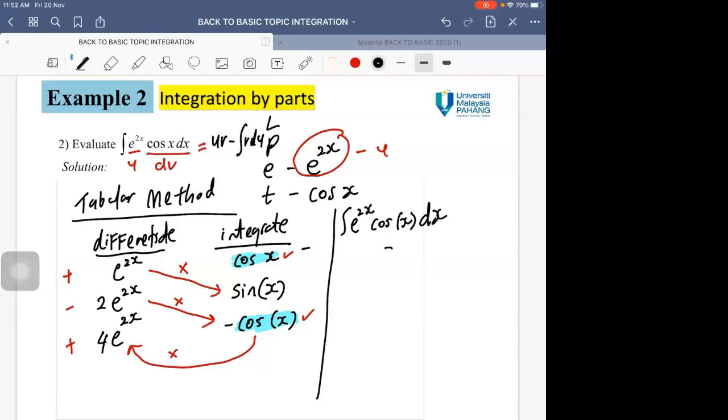We have positive exponent 2x multiply with positive sin x, so positive exponent 2x sin x. The next one, negative 2 exponent 2x multiply with negative cos x. Negative multiply negative gives positive, so plus 2 exponent 2x cos x.